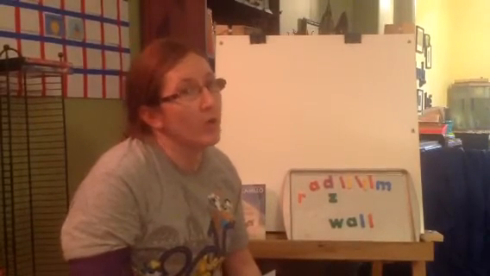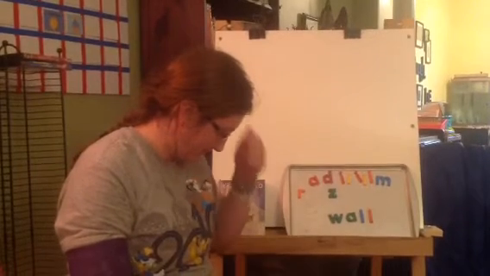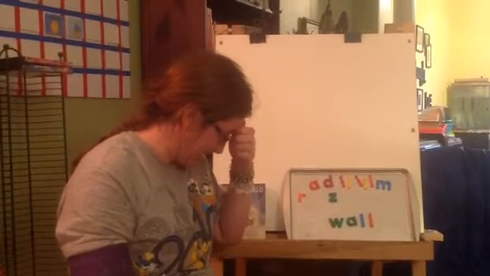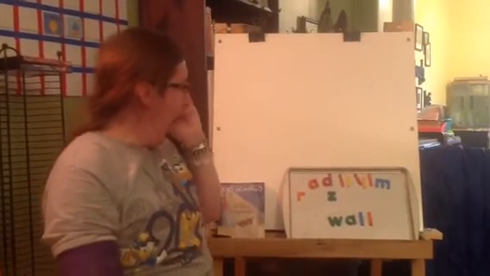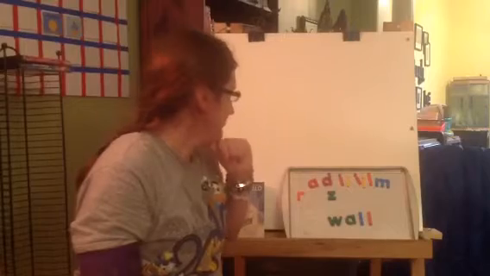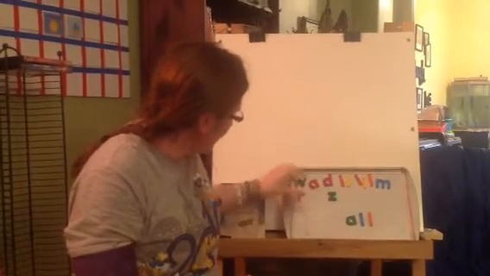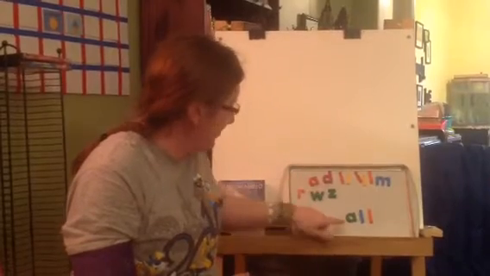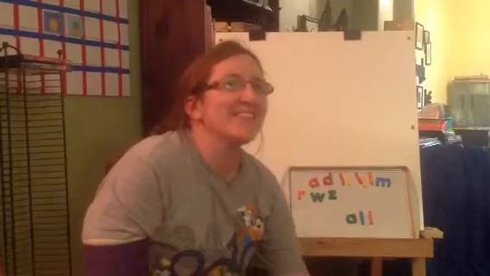If you don't have wall, you can add it to the list. I'm going to get rid of my W, whoops, go there, and make the word all. If you don't have all, add it to your list.